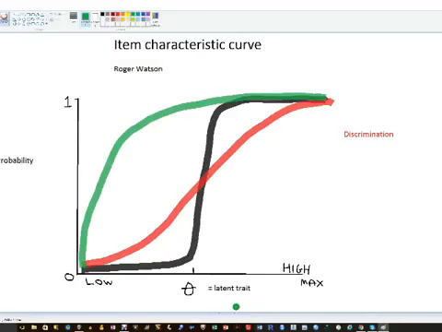Here in green, I've drawn a different shape of item characteristic curve. This is exaggerated slightly, but note that it still shows monotone homogeneity because it increases monotonously or continuously over the whole range of the latent trait. But what this item characteristic curve here is demonstrating is an easy item. In other words, an item that is scored high by people on low levels of the latent trait.